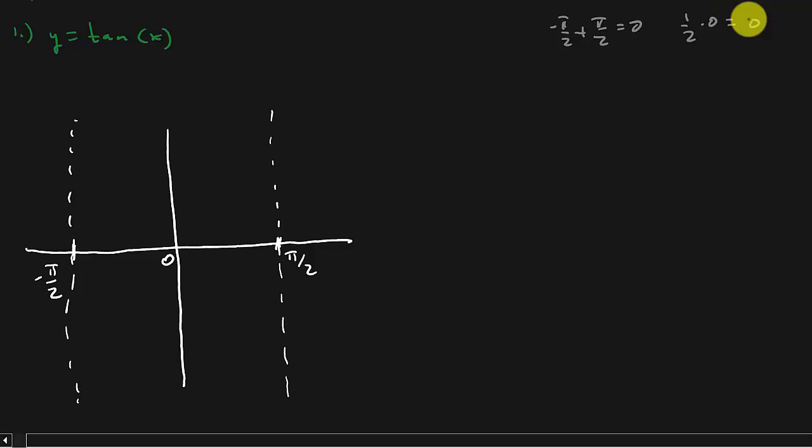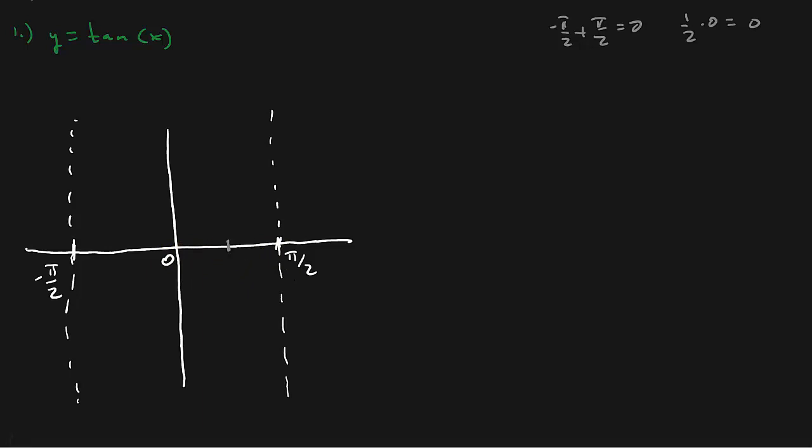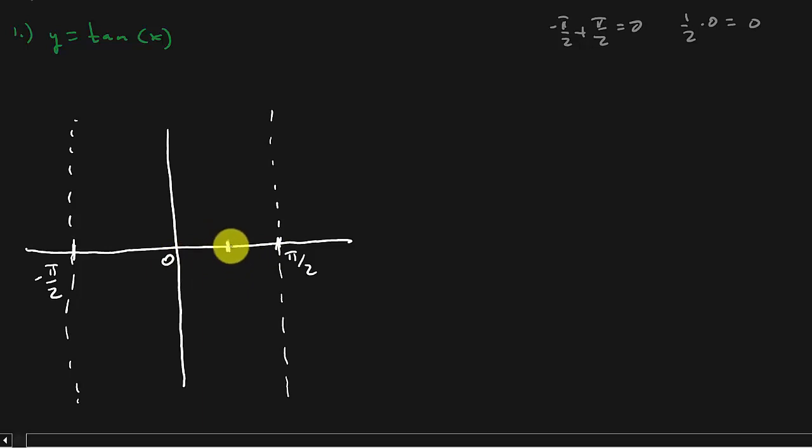Then we need the midpoint between 0 and pi over 2. We get 0 plus pi over 2 is pi over 2, and then we half that. So that's pi over 4.